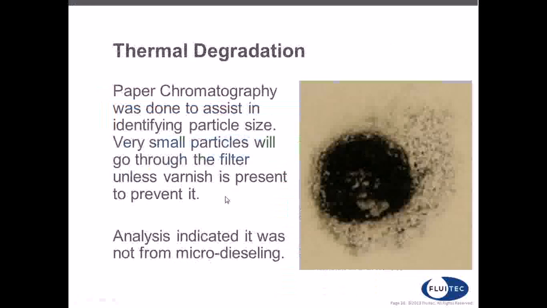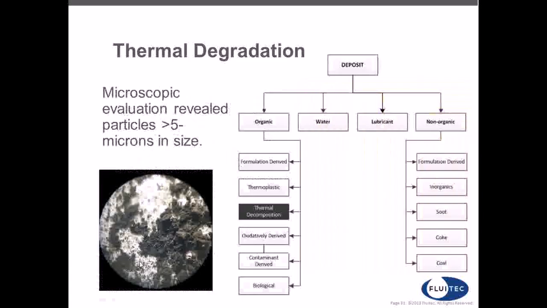But in this case, there was no evidence of varnish, and all of these black-like materials were actually captured on this filter paper, indicating that the particles we're dealing with are greater than a micron in size. So it ruled out soot-like contaminants or microdieseling. We did some photographic examination as well, and in fact, most of these particles were greater than 5 microns in size.